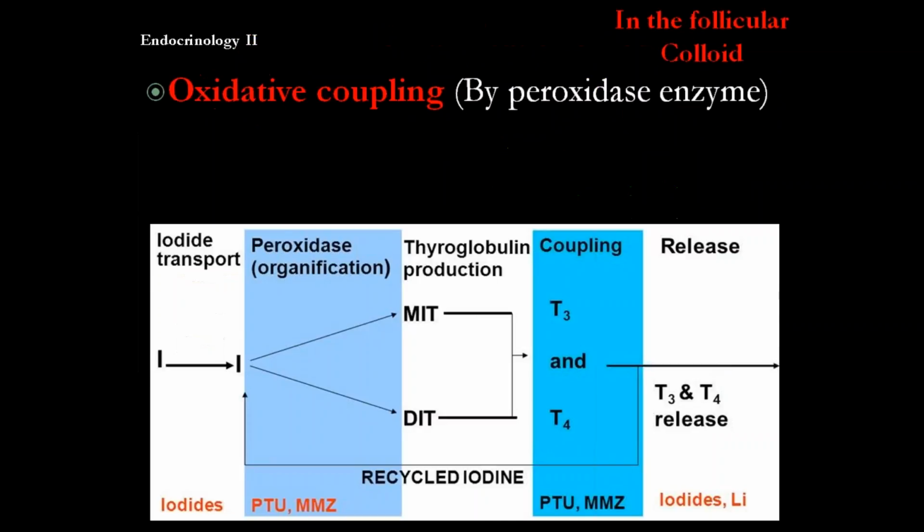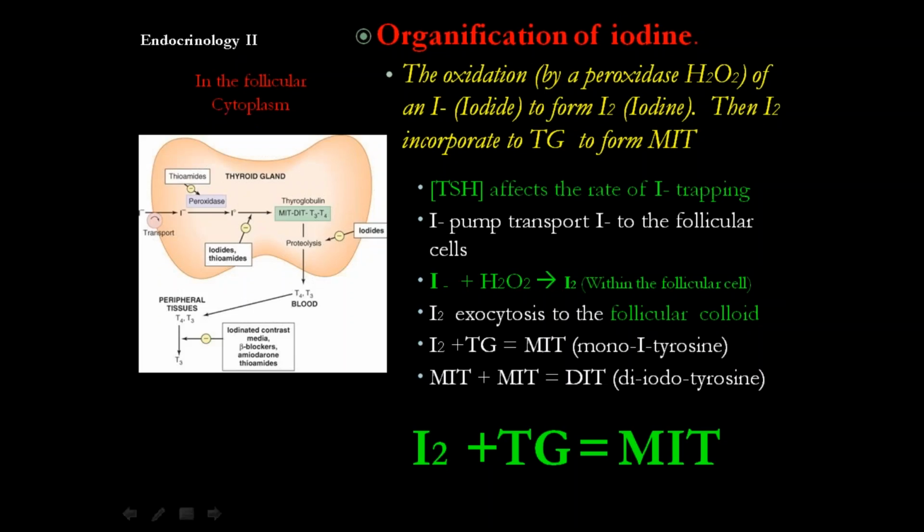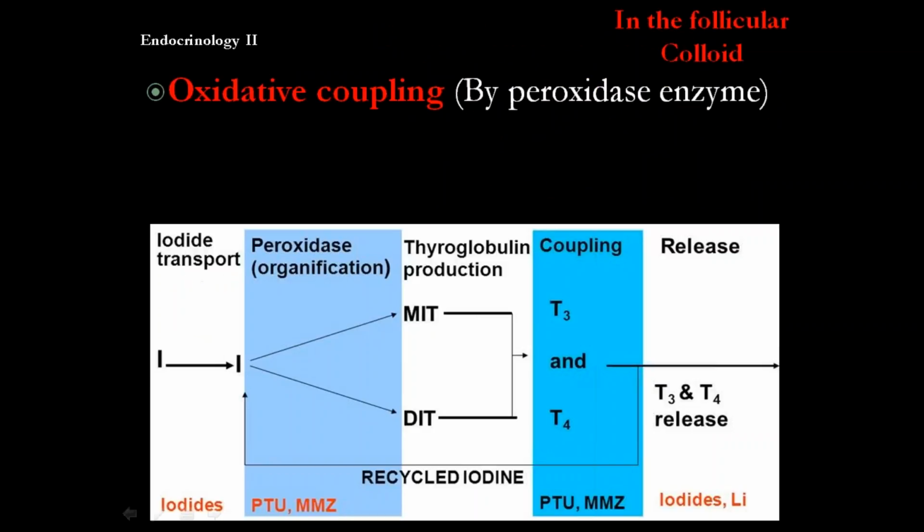Then DIT plus MIT, meaning two iodines plus one iodine, is what is going to form T3. If they find two of these in the colloid, DIT plus DIT, they are going to form T4.